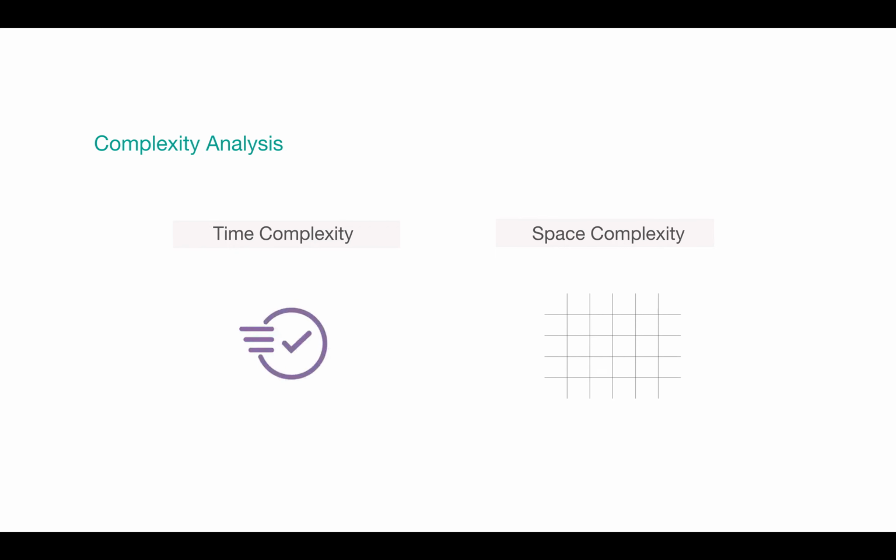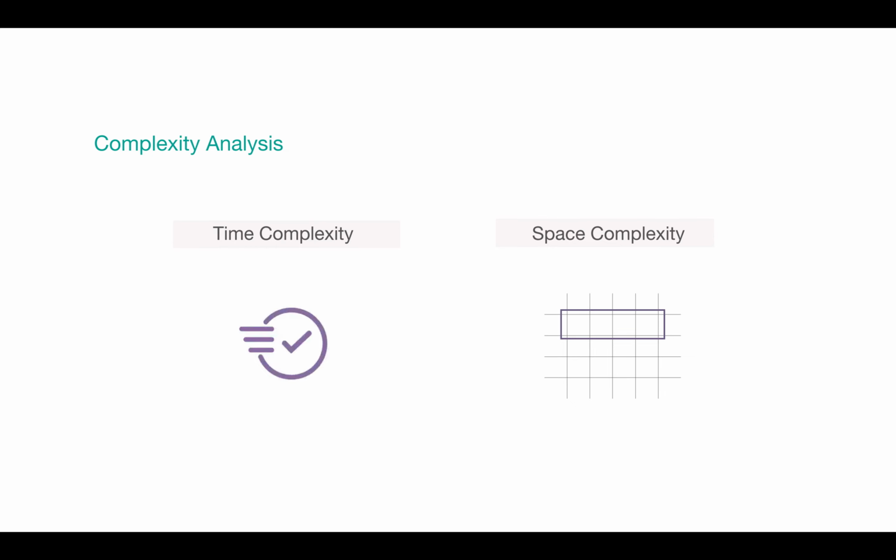There are two kinds of complexities that we care about: time complexity and space complexity. Time complexity is where we check how fast the algorithm runs, and space complexity is about how much space or memory the algorithm uses up. We will discuss these in detail later.